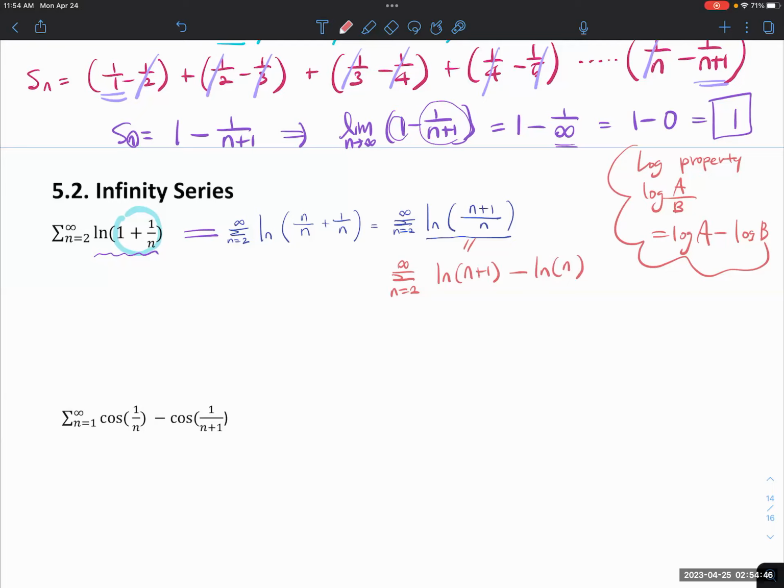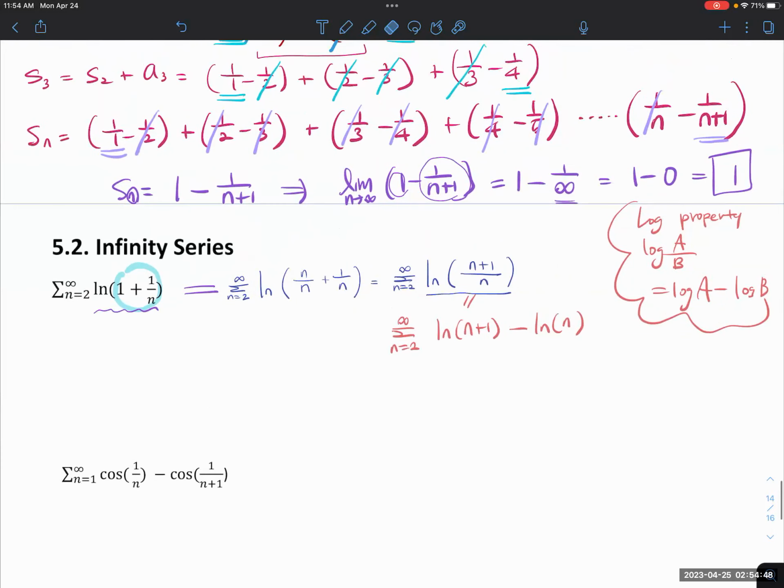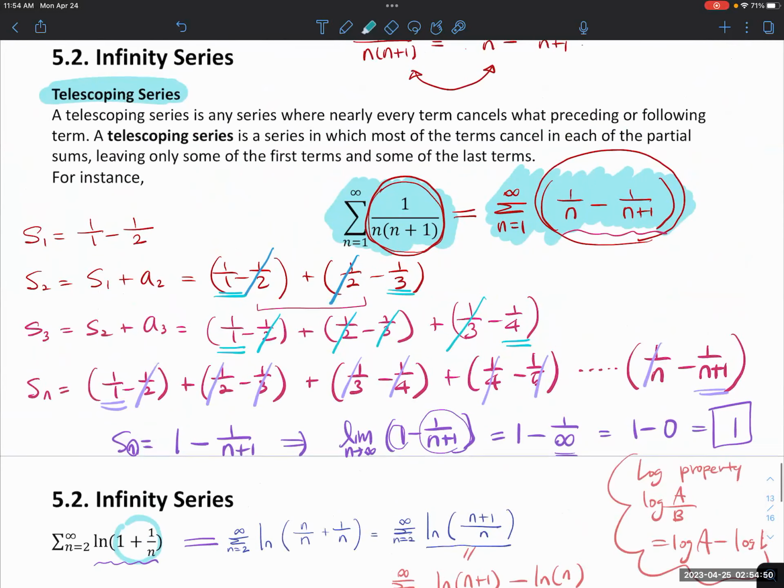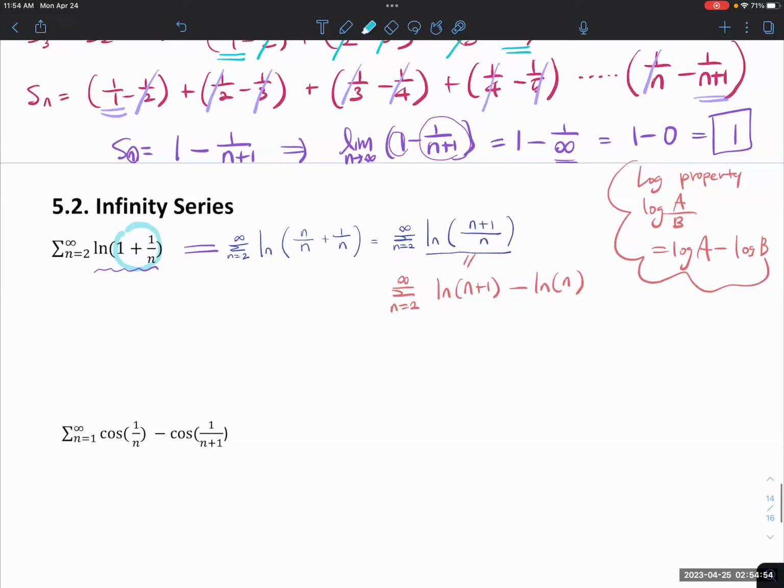So I need the subtraction. To use the telescoping, you need a subtraction, so that you can have some cancellation. So instead of using this one, I'm going to use this one to find out what type of series we have. I modify the given information into the telescoping form with the subtraction.